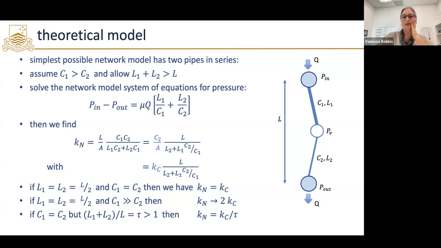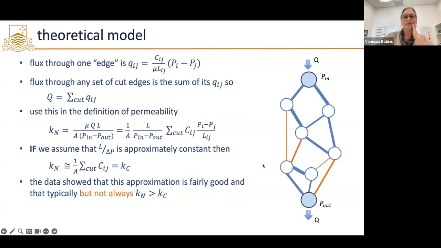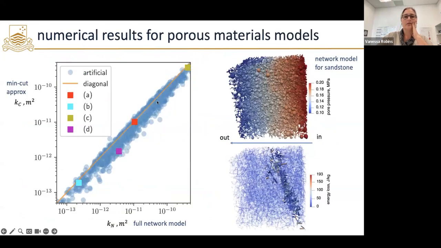And so that was, I think, quite a nice way to explain that graph here. Okay. So I'm only going to see points above this diagonal when there are very tortuous paths through the network and with maybe quite similar capacities.